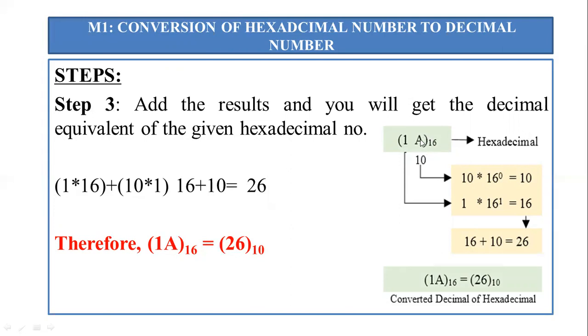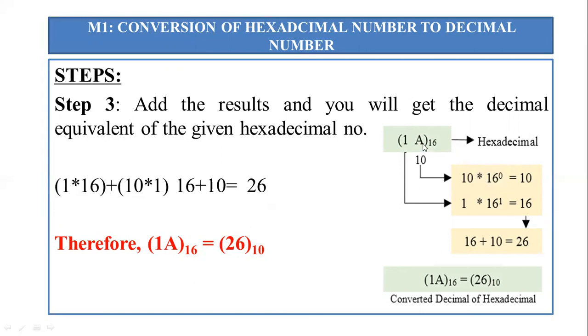For example, here we have written the hexadecimal number. Now here the equivalent number of this alphabet is written, 10. Now 10 into 16 raised to the power 0. So here the digit is multiplied by the value of the position.